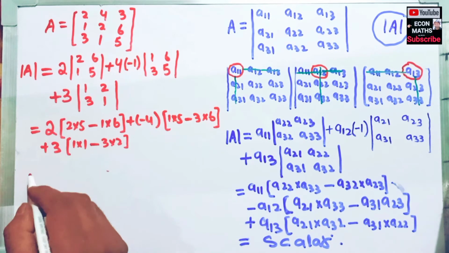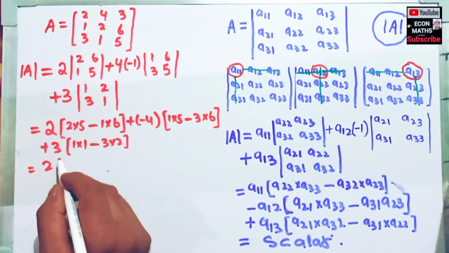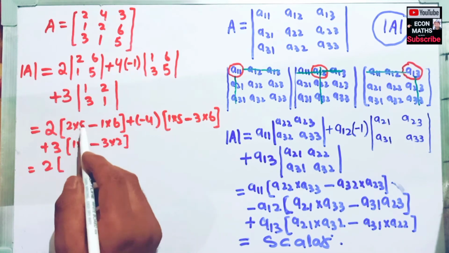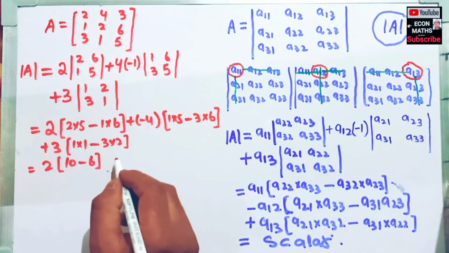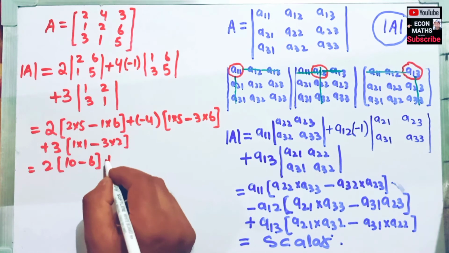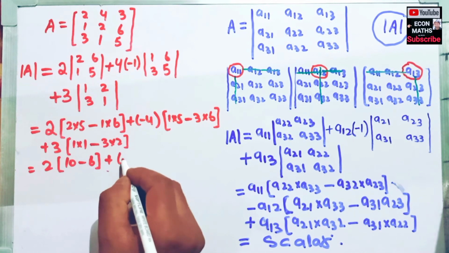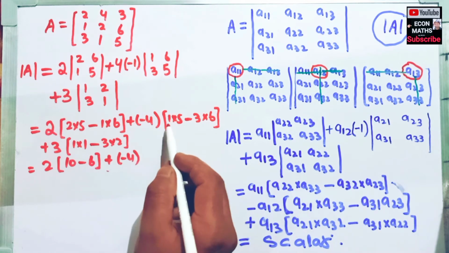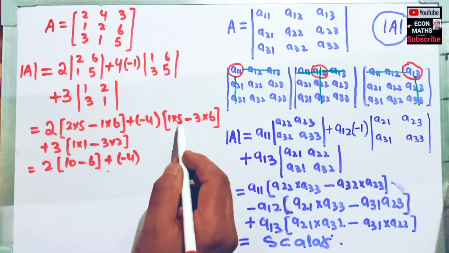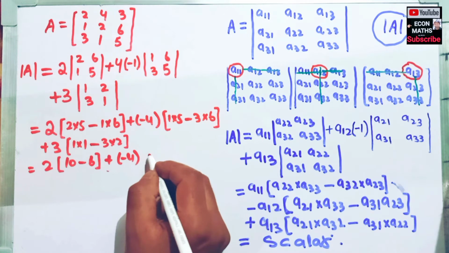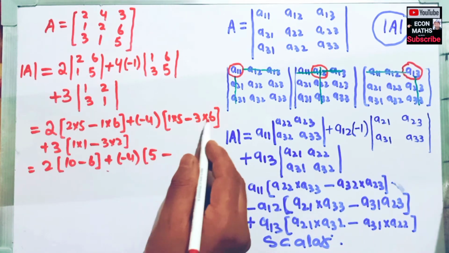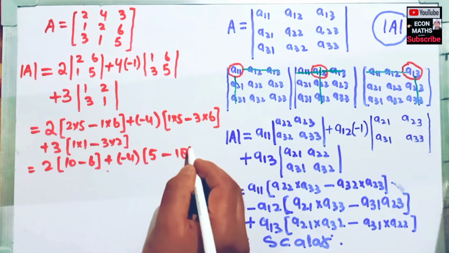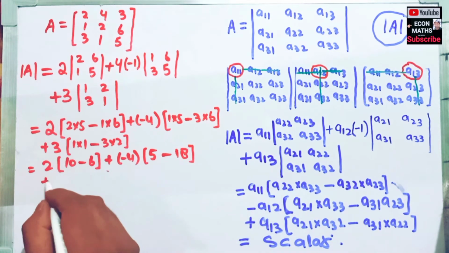Now further solving, this will become 2. Now 2 5s are 10 minus 1 6 is 6. This plus I will write this as -4. Now here 1 into 5 is 5 minus 3 6s are 18, plus this 3.